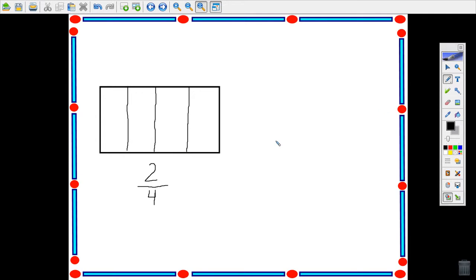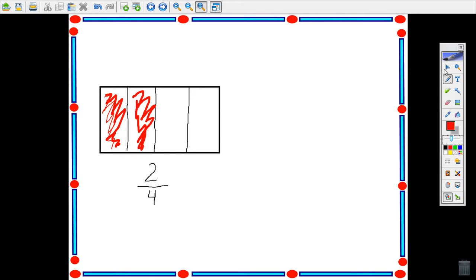So here is my 4ths, and I should shade in 2 out of 4 of them. Let me make this a little bigger. So 1/4 is shaded in red, and now 2/4 is shaded in red.